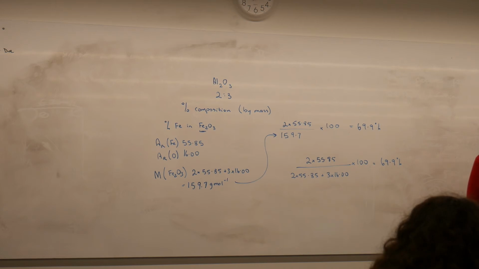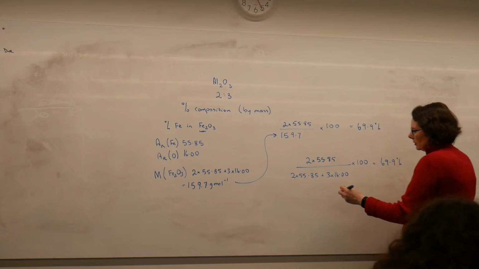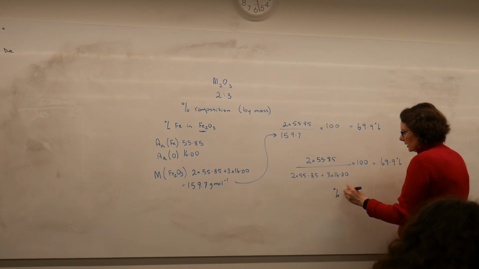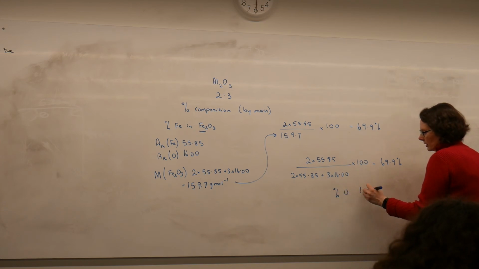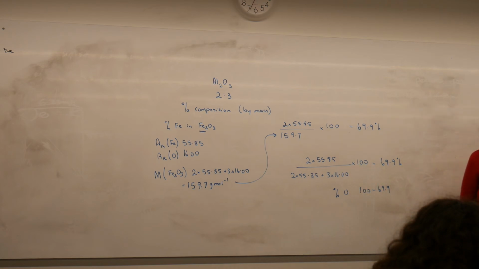They're a lot lighter than iron. Oxygen has a much lower mass. But that would tell me that I've got about 30% oxygen, because it's got to be the rest of it, doesn't it? Yeah, so I could also then calculate the percent oxygen by just saying 100 minus 69.9, because that's all there is in it.